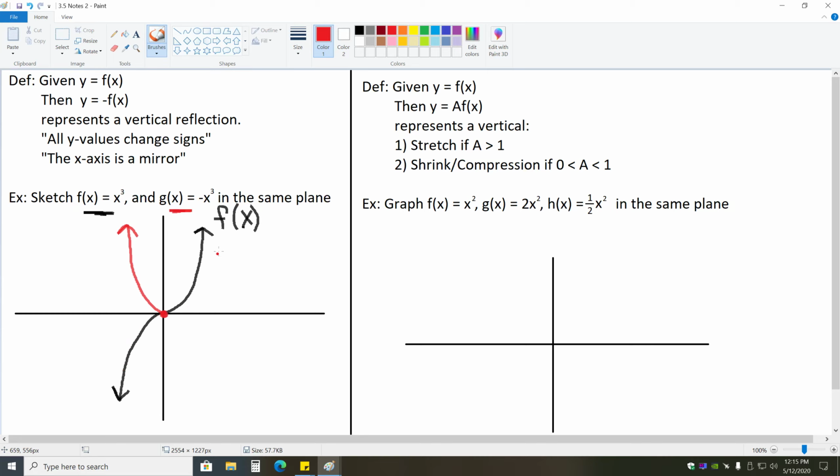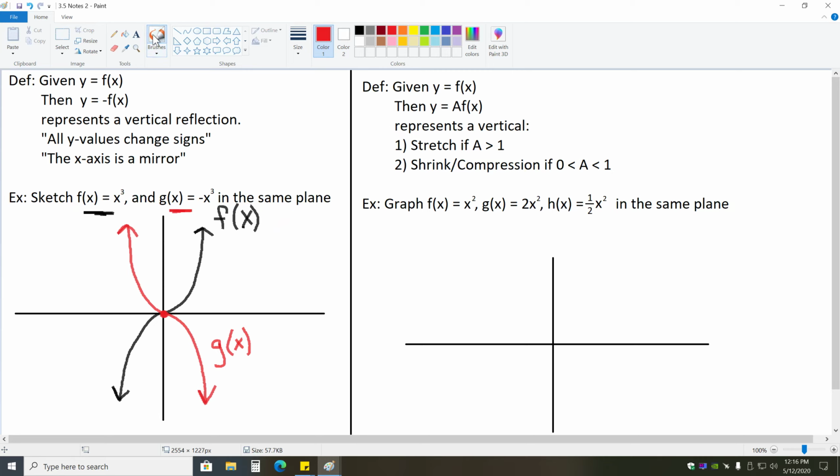And this entire right side that is above the x-axis is going to flip below it and look like this. So we've just created a mirror effect from our original graph. The bottom flipped up, the top part flipped down, and this gives us our graph of g of x, which represents a vertical reflection of the graph of x cubed.